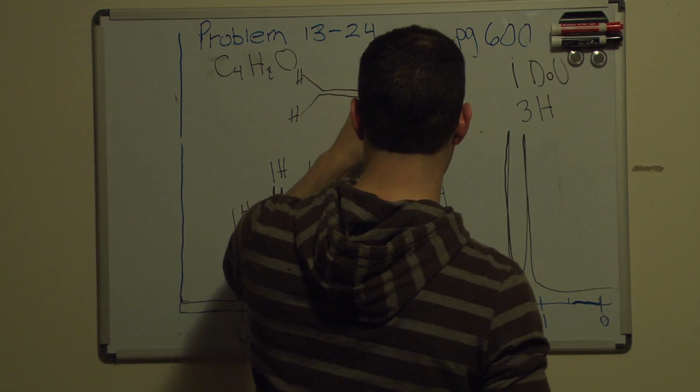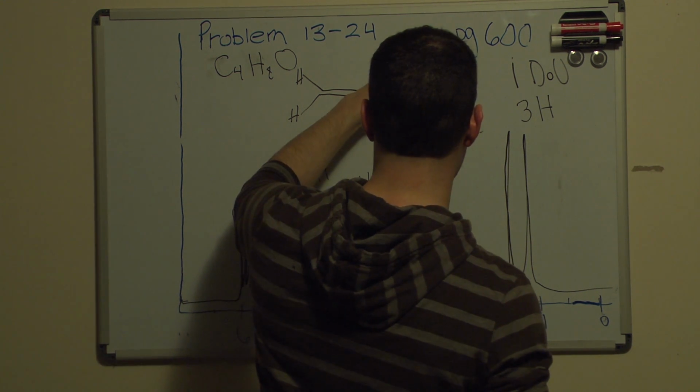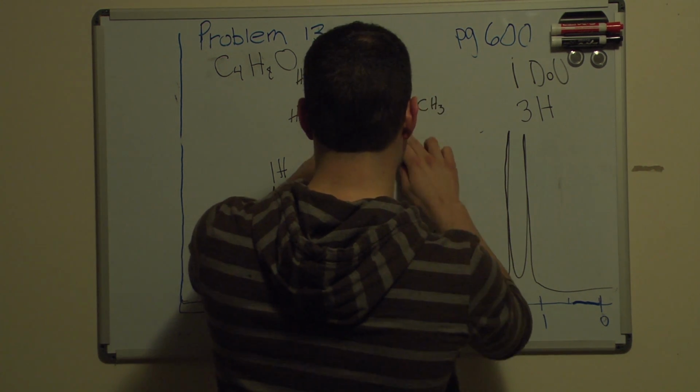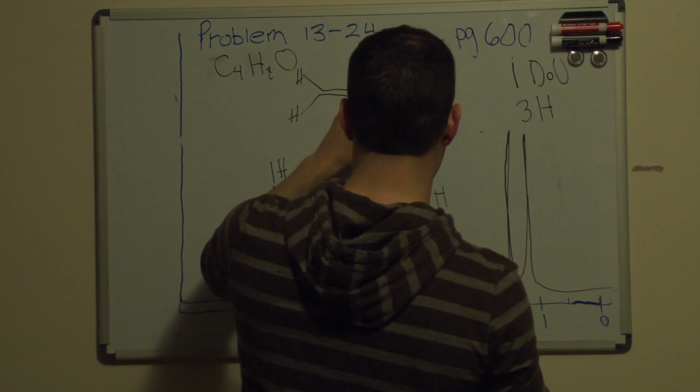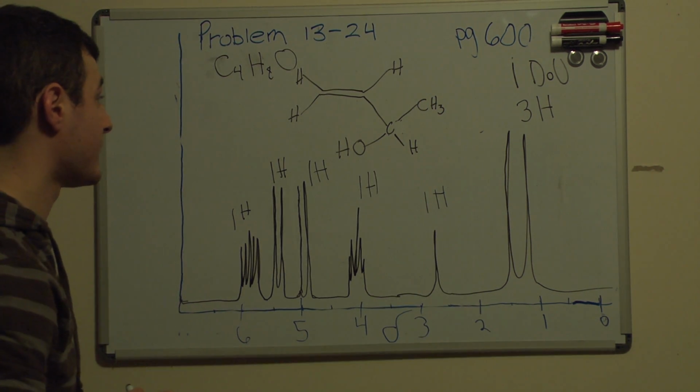So that's your CH group, and then over here I'm going to say the CH3, and over here, to make it make sense, your hydroxyl group. And that seems to account for everything.